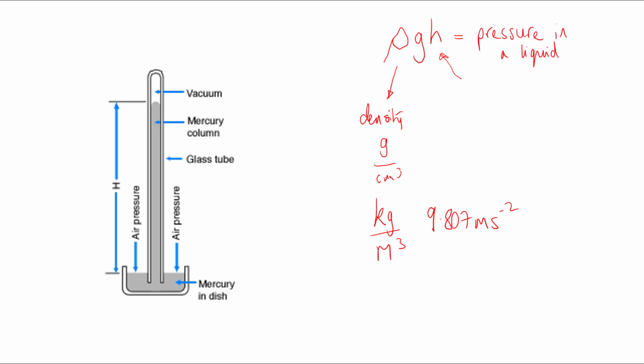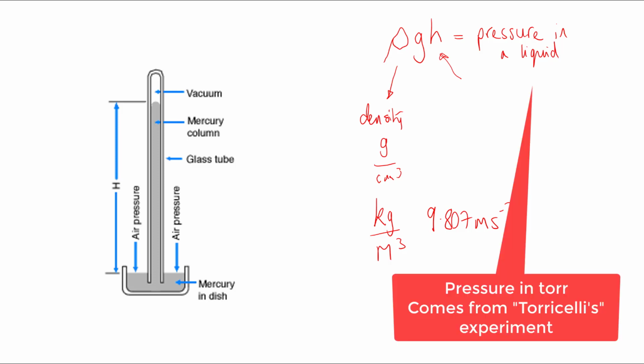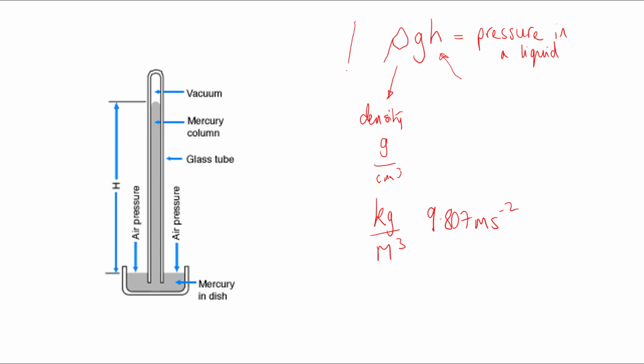And when we're working with torrs, we now know the torr comes from Torricelli. It's a unit of pressure, and it's really embedded in this particular equation. Okay, so in System International units, this distance, of course, would be in meters.